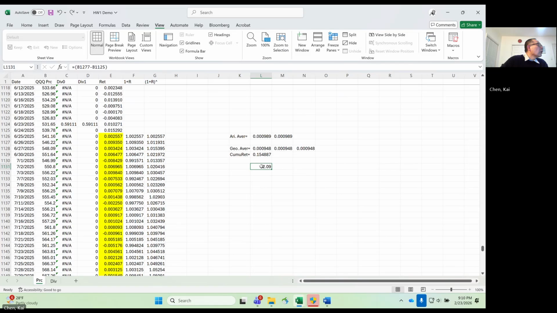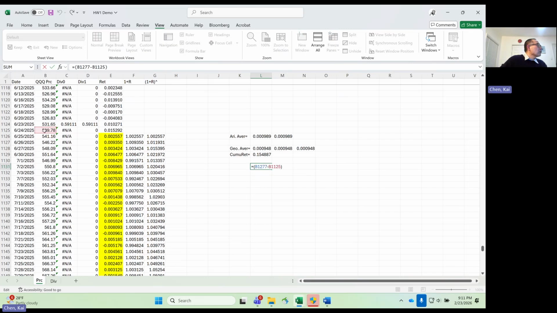Now in this cell, that is B1277. That is the ending price, right? That is the price on January 30th, minus B1125, which is here.